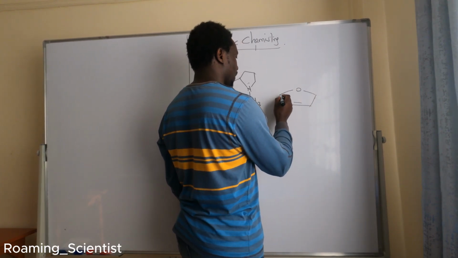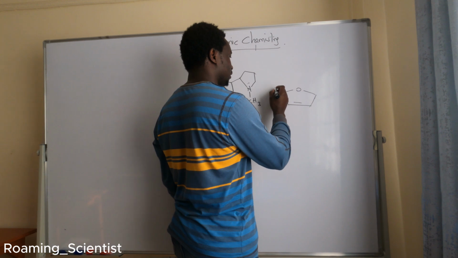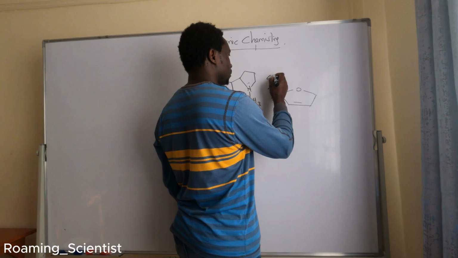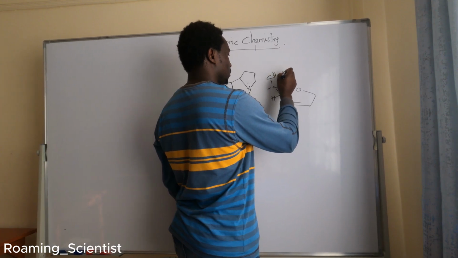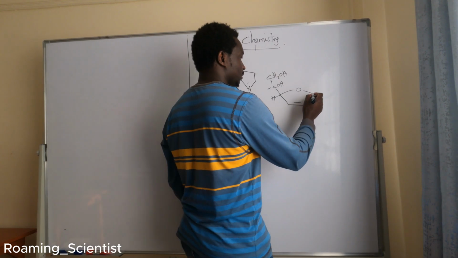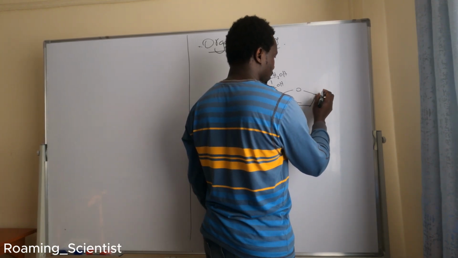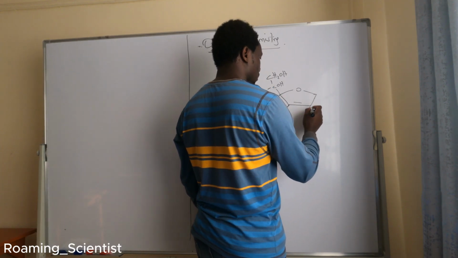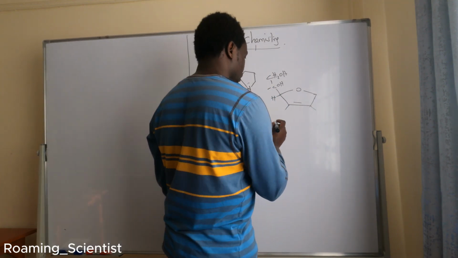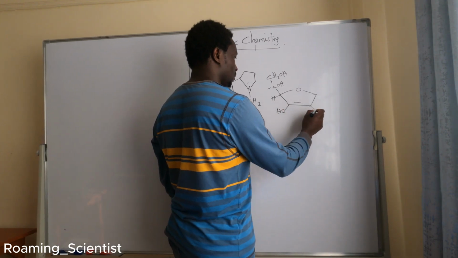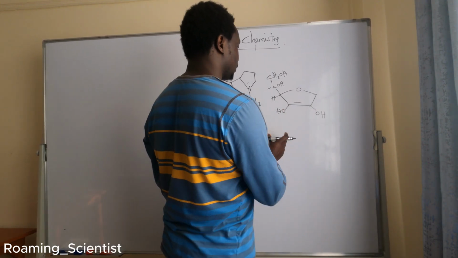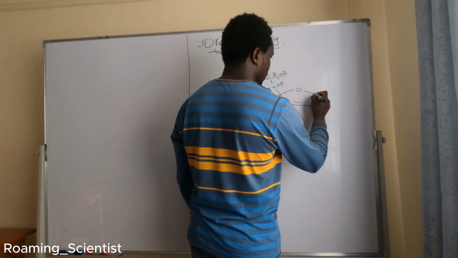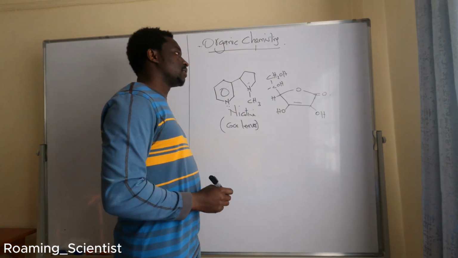So that is, have a hydrogen there. And then we have cis configuration of two alcohol groups, and then you have that double bond there.